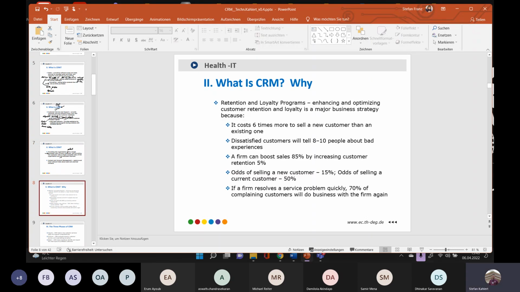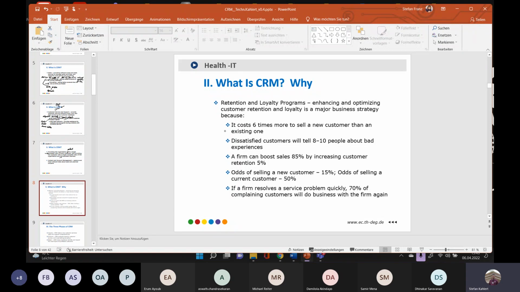Why do you need that? Some institutes, some organizations or companies, they don't have a good CRM tool in place. Some have, and if you have that, usually your clients or your partners feel they have better care than they would have without a proper CRM.